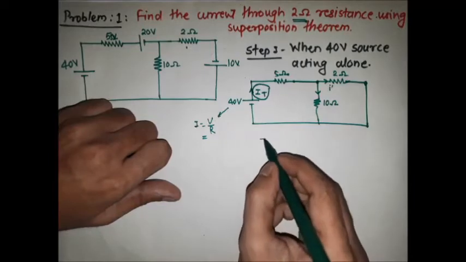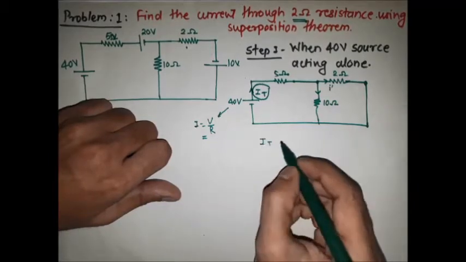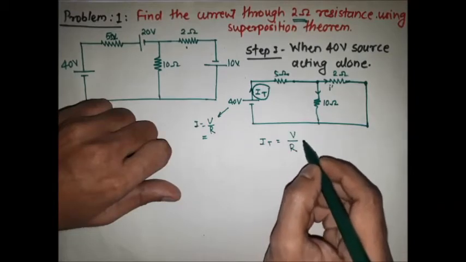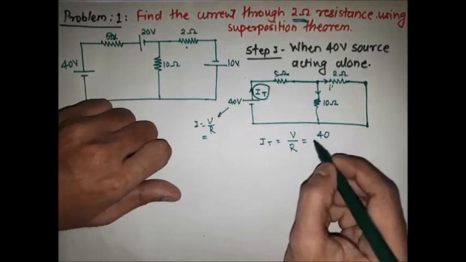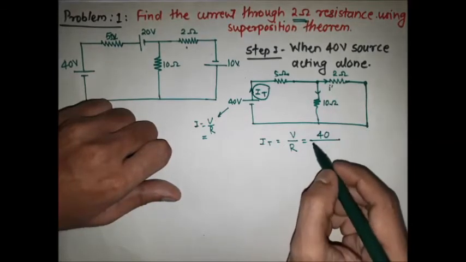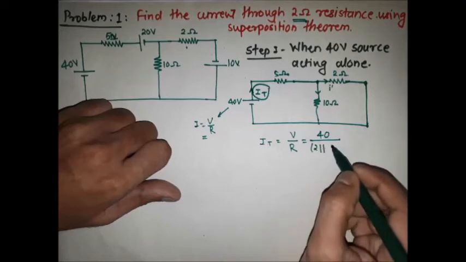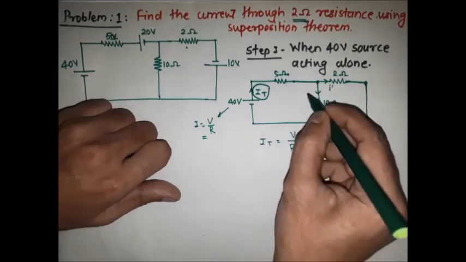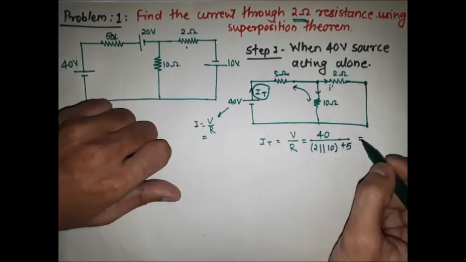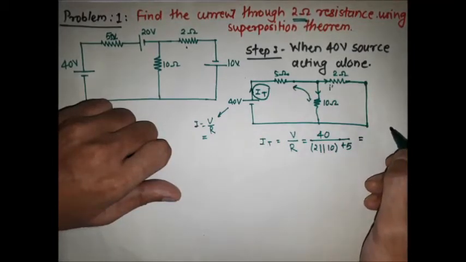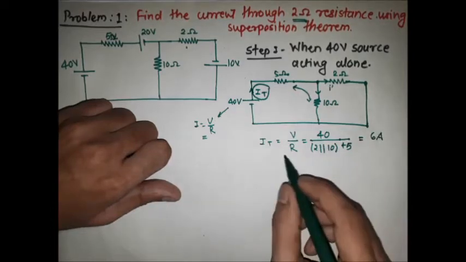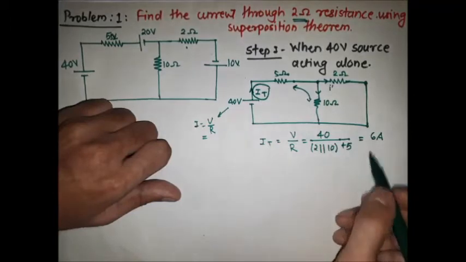So the total current is equal to V divided by R, which is 40 divided by the parallel combination of 2 and 10, plus 5. We get 6 ampere. That means the total current flowing through the battery is 6 ampere.